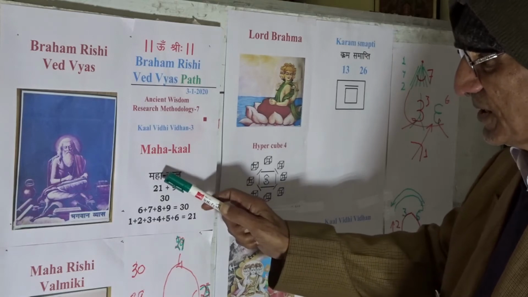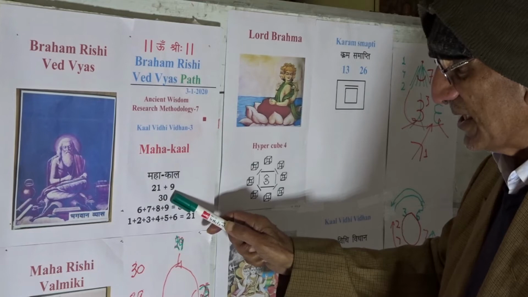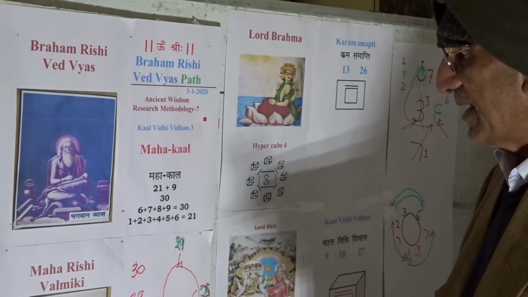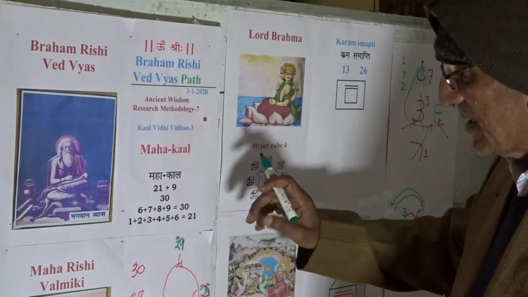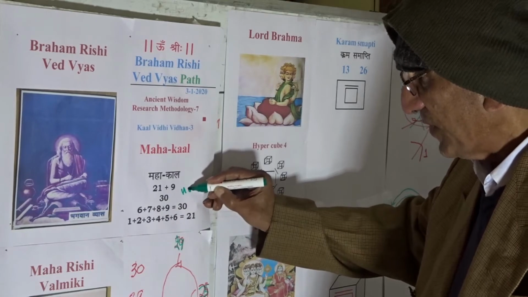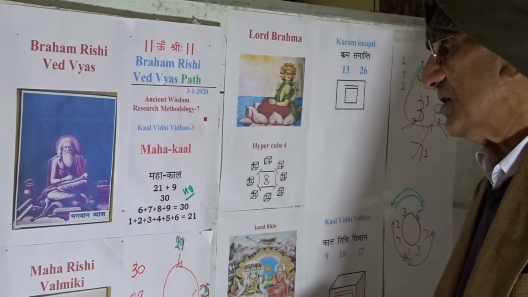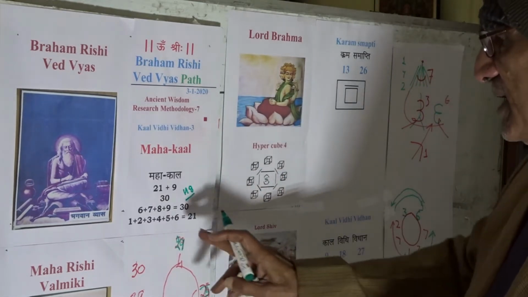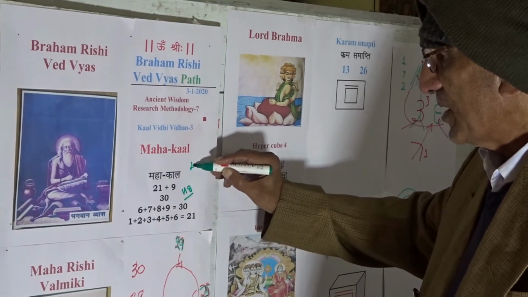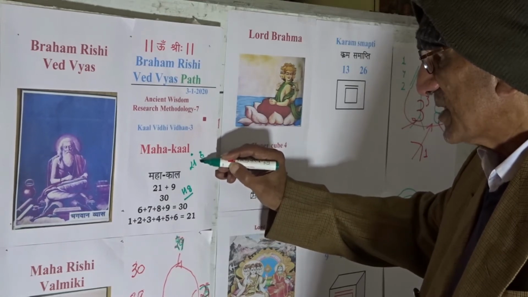The formulation Maha leads us to TC value 30, which accepts an organization as 6, 7, 8 and 9, and it is the value of hypercube 8, fourfold manifestation layer of hypercube 8, the representative regular body of 8 space is 30, and it is parallel to the TC value of formulation Sahita.